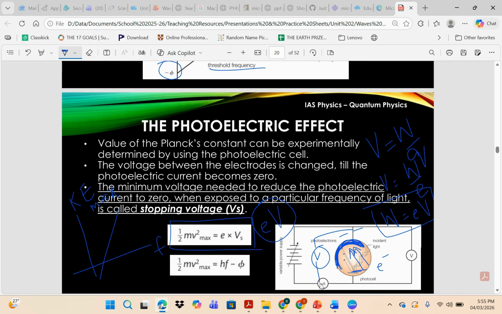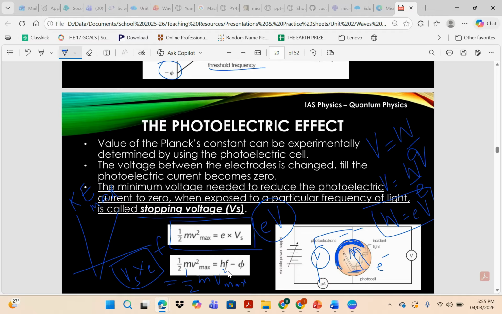This minimum voltage, just enough to stop the electrons from reaching there, is known as the stopping voltage. This stopping voltage, Vs, when multiplied by the charge of an electron, gives us the electrical work done on each electron, which, at the stopping point, is equal to the maximum kinetic energy of the ejected electrons.